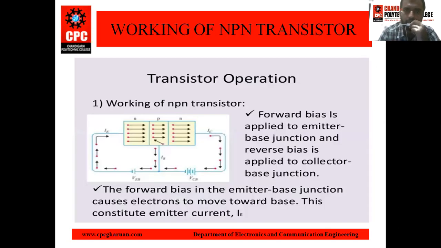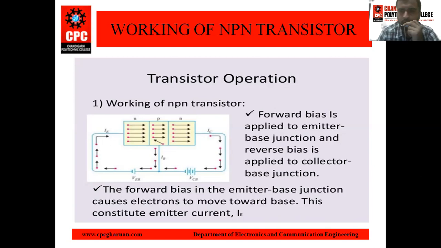After that, the working of the NPN transistor. As shown in the figure, the circuit is formed in the active region. For that, the base-emitter junction is forward biased and the base-collector junction is reverse biased, as shown in the figure.